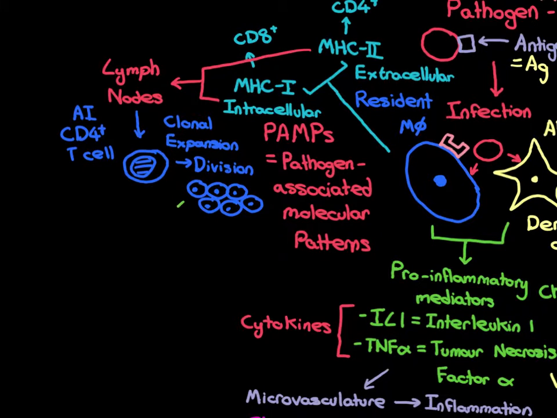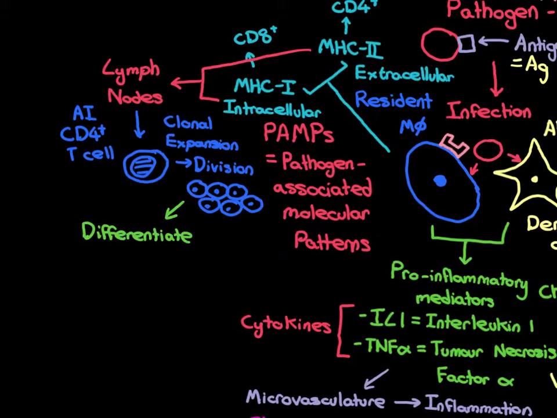So we'll change colour now. So the next thing that's going to happen is they're going to differentiate. Now, some of them are actually going to become effector CD4 positive T cells now, effector T helper cells. Others are going to become what are known as memory CD4 positive T cells.